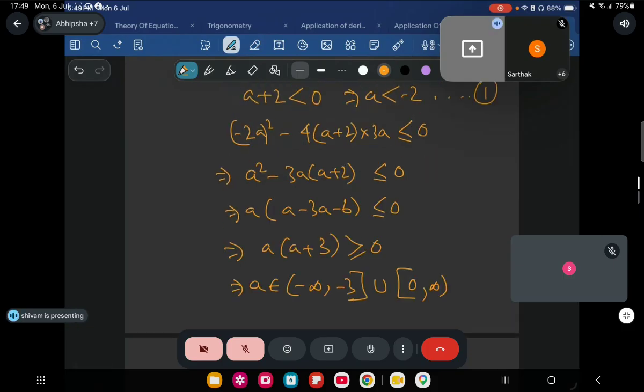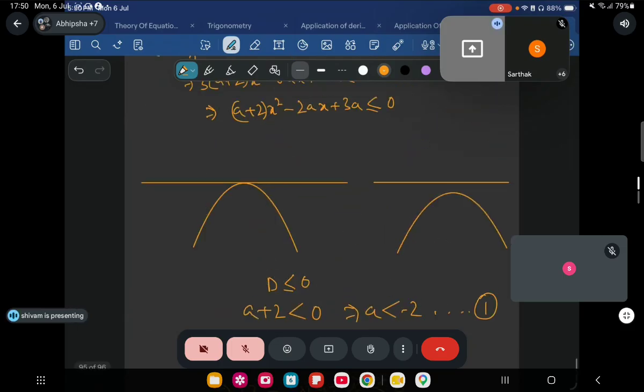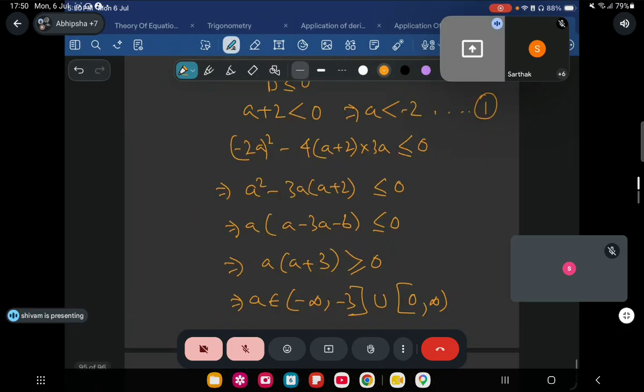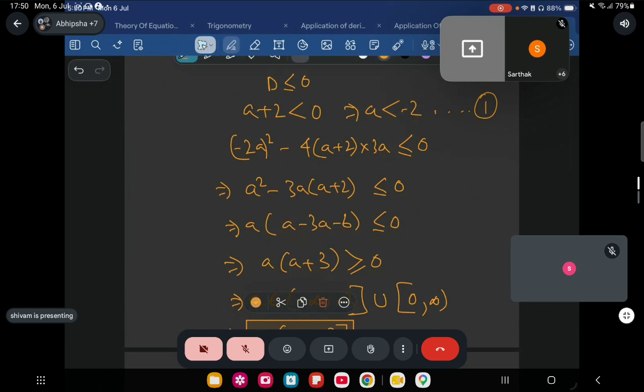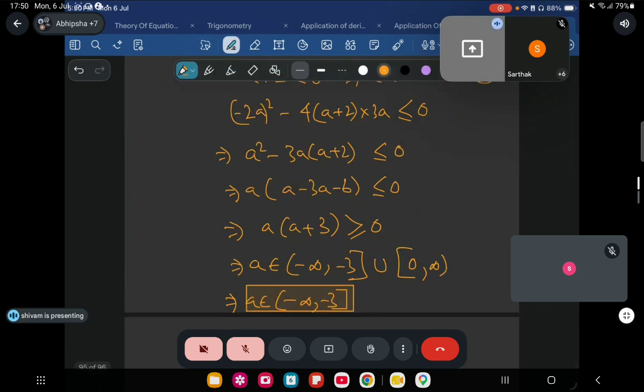For the function to be monotonic, a should be less than minus 2, right? If you take the intersection with part 1, this implies a should belong to minus infinity comma minus 3 closed, right?